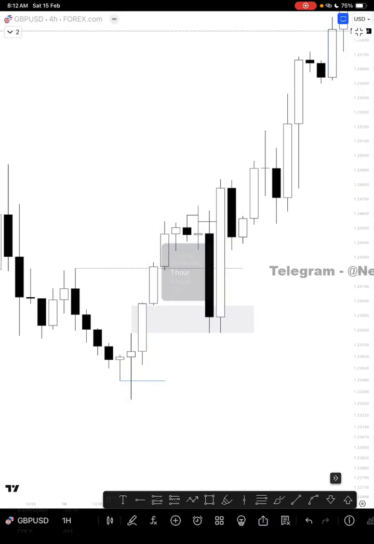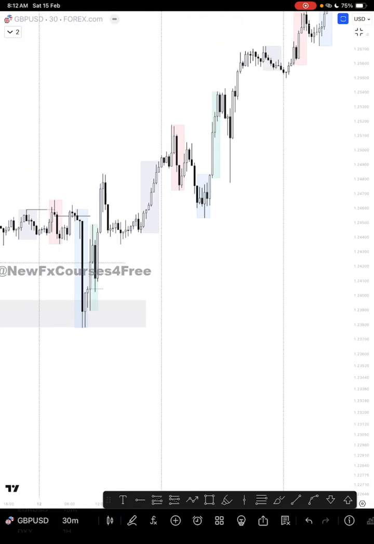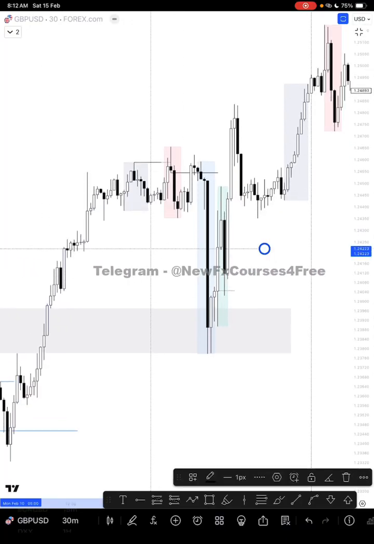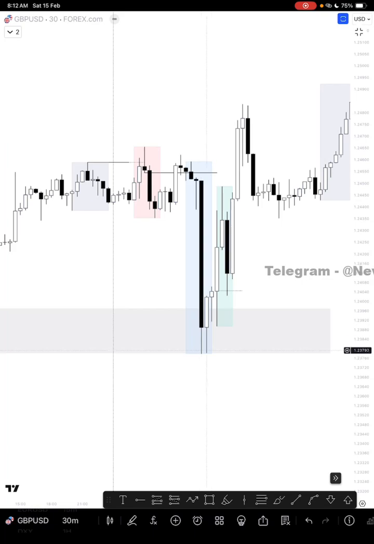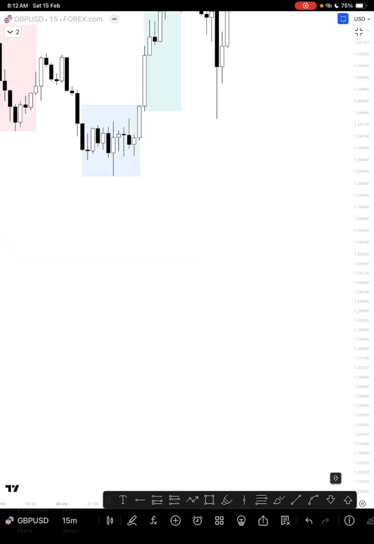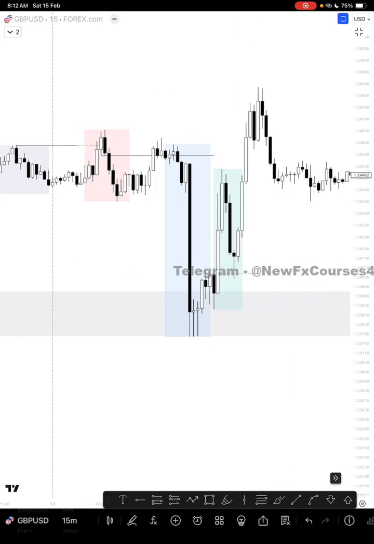Okay, then moving lower. So here we are, moving lower. You can see how price actually reacted from this imbalance over here. Then we got a reversal profile for higher prices.